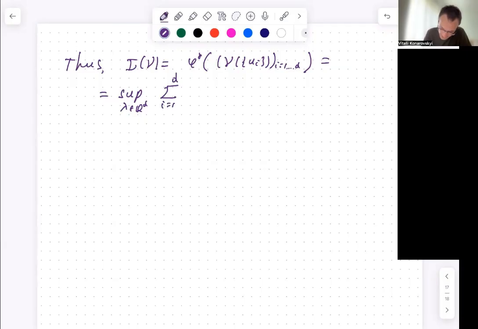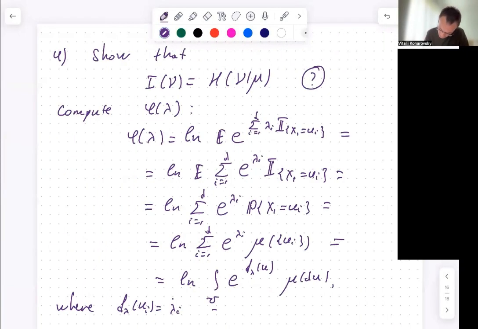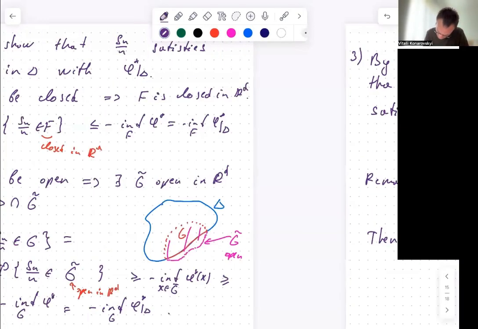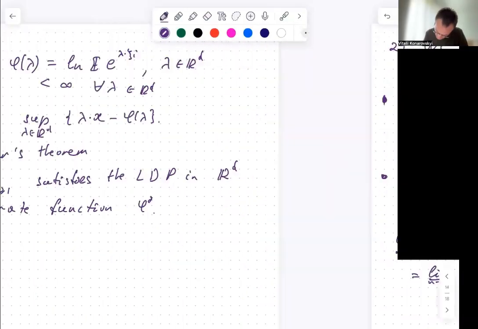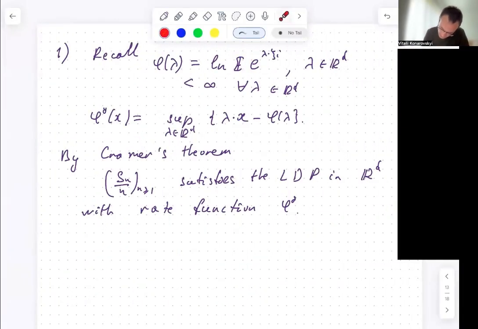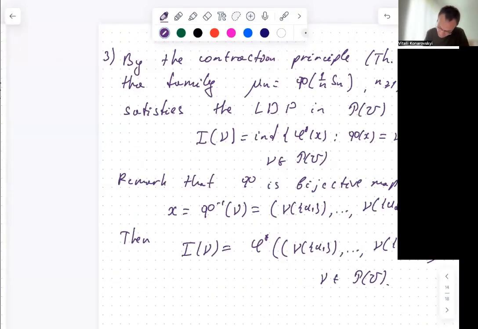We just write the Fenchel-Legendre transform. You see, we wrote the Fenchel-Legendre transform somewhere here. That Fenchel-Legendre transform is a supremum, where you have lambda multiplied by x, and then you have phi of lambda.